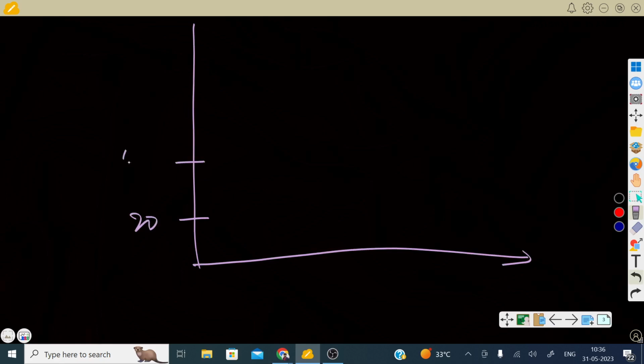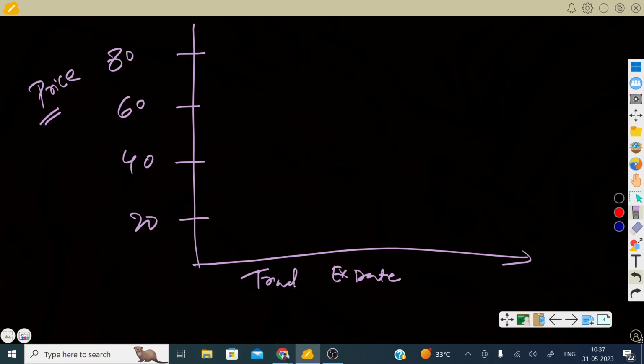Price of a stock, 20, 40, 60, 80. Right? So here let's assume the X date. That's a market graph.